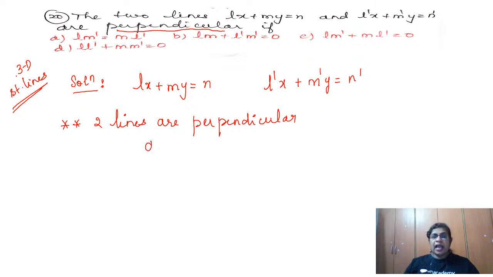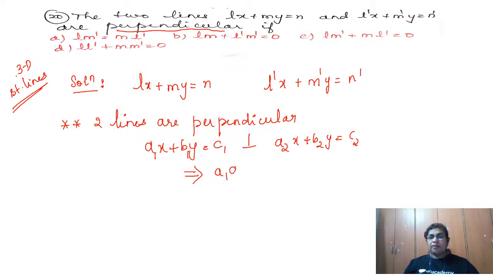So suppose I have a1x plus b1y is equal to some c1, and a2x plus b2y is equal to c2, and they are telling me these two lines are perpendicular to each other. Immediately the condition that should come to my mind is a1 a2, that is the coefficient of x, plus the coefficient of y, that is b1 b2, is equal to 0.